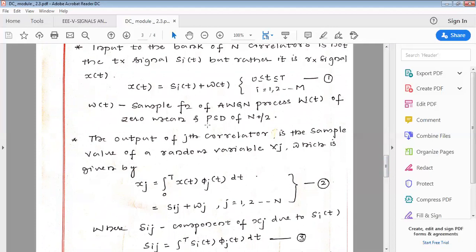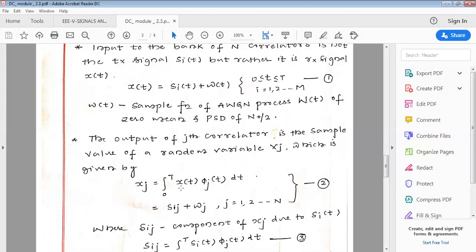For all N correlators, there is a common input, that is x of t, and each correlator is supplied with its basis function, phi j of t. Taking the product and integrating over 0 to T, you get a random variable xj at the output of each correlator.